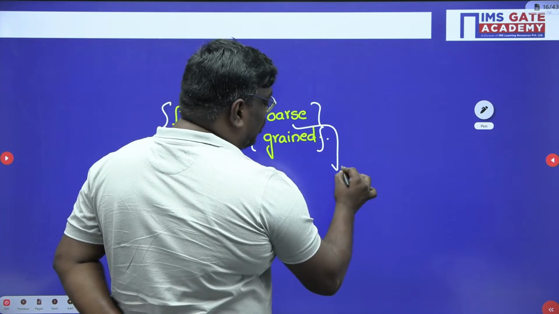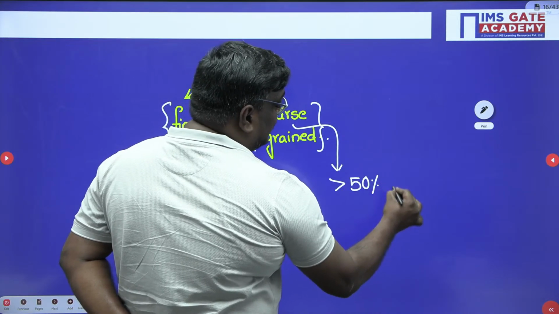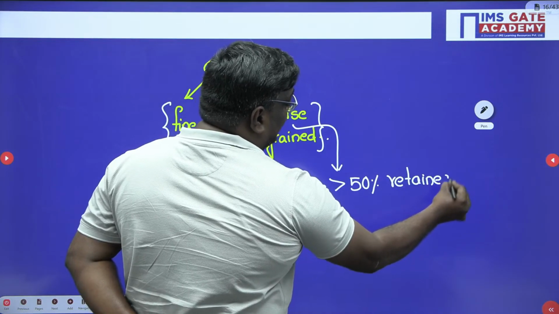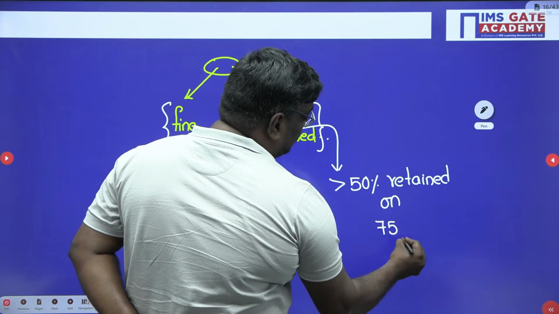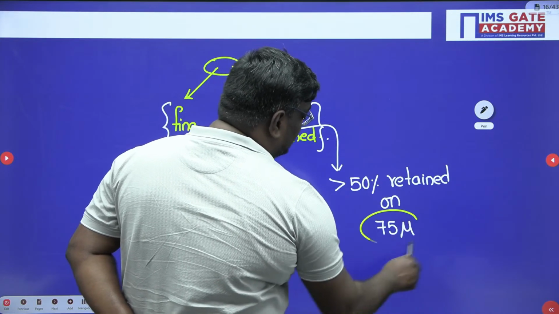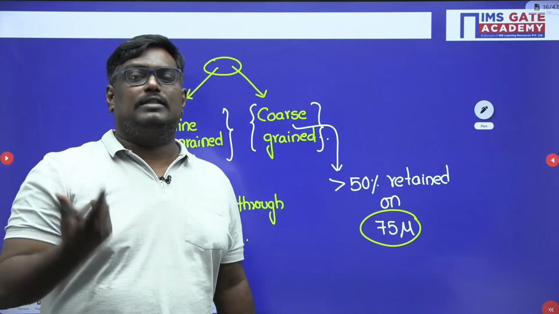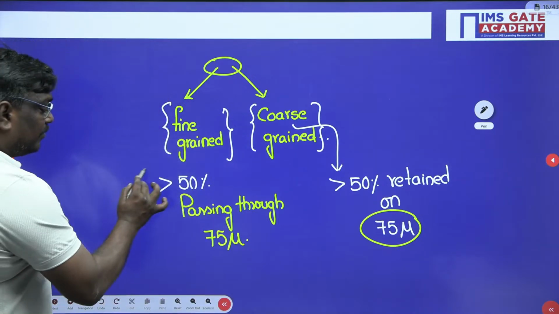Similarly, coarse grained: if more than 50% is retained on the 75 micron sieve. In simple words, coarse grain means more size, fine grain means less size. What comes under fine grained particles?